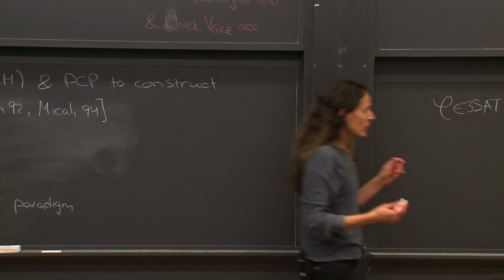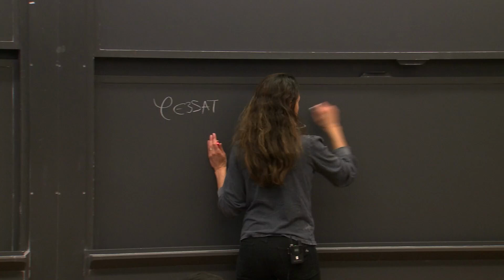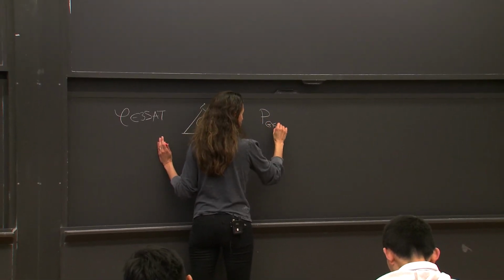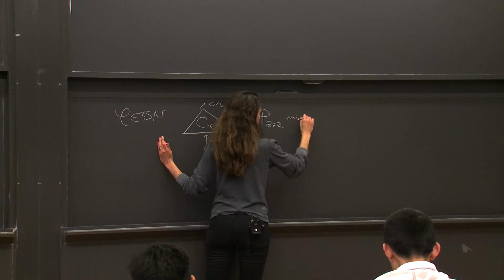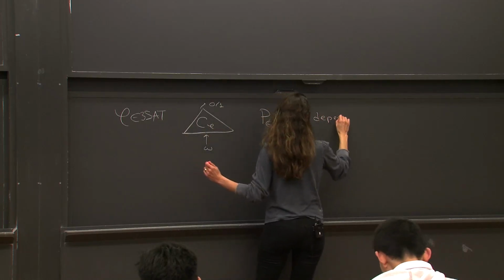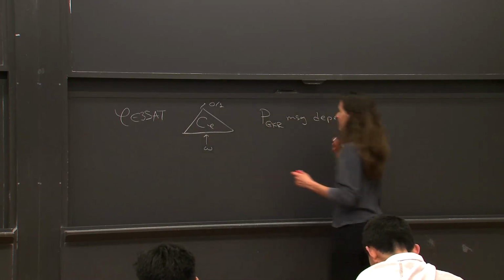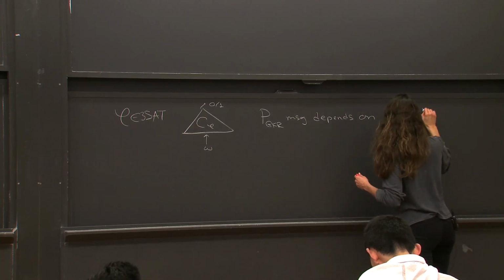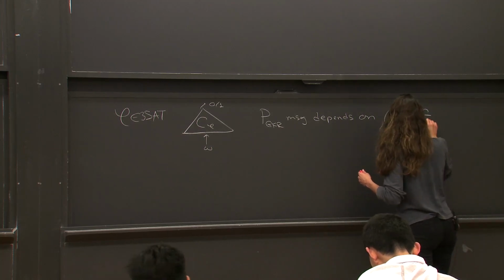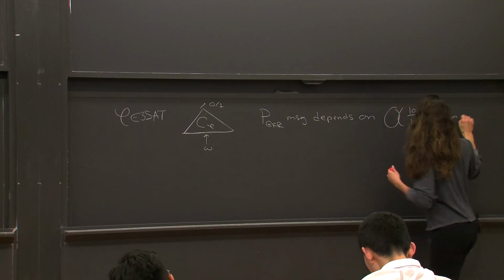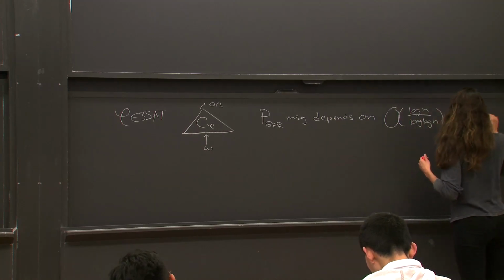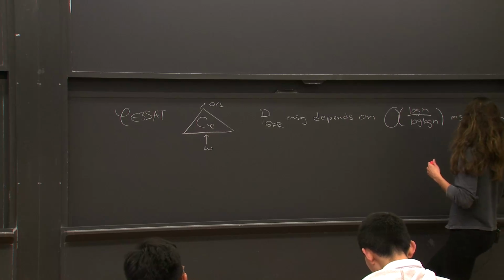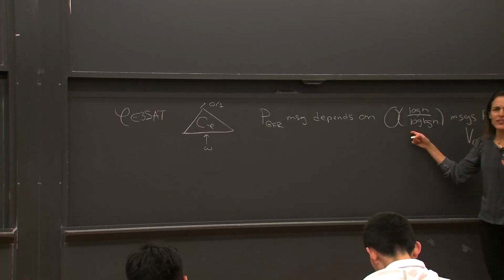To be a little more precise, in GKR each prover message depends on the last log n over log log n messages from the verifier, where this is the number of variables.